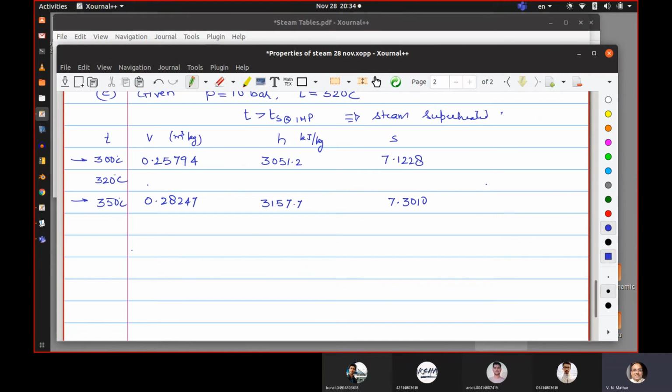So the value of volume at 320 degrees centigrade should lie midway between the value of volume at 300 and 350 degrees centigrade. So if we assume that it changes linearly, that means if we draw a curve between, sorry, I wanted to make a straight line.